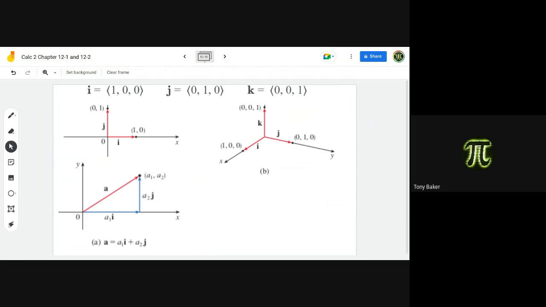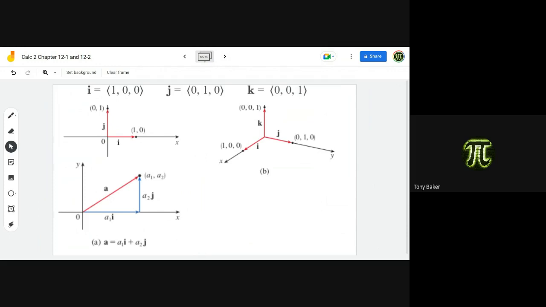If that's 1, my i is typically 1, I can multiply whatever that number is times that vector, and that would be basically your first component of your vector. Same with the j. I can take and multiply by the y coordinate as my scalar multiple.